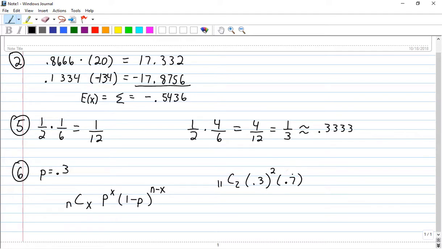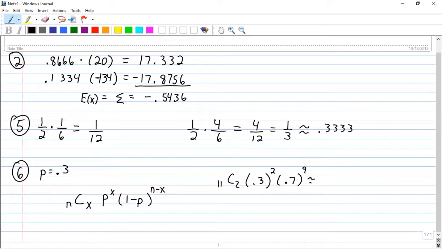And then that's to the n minus x power, so 11 minus 2 would be to the 9th power. Alright, so you do 11C2. You can do that in your calculator, or you can do it out longhand. And then you're going to multiply that times 0.3 squared, and then multiply that times 0.7 to the 9th.